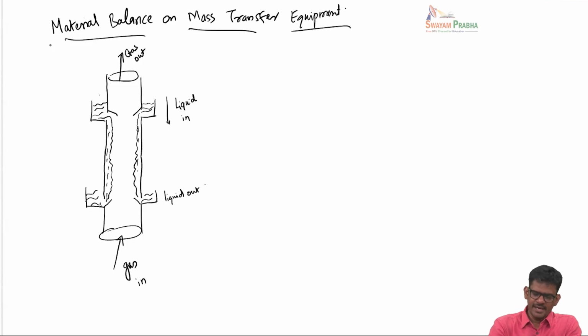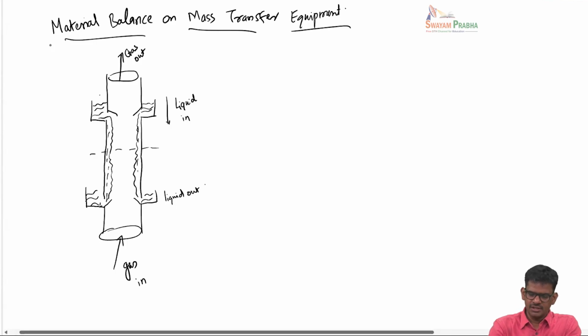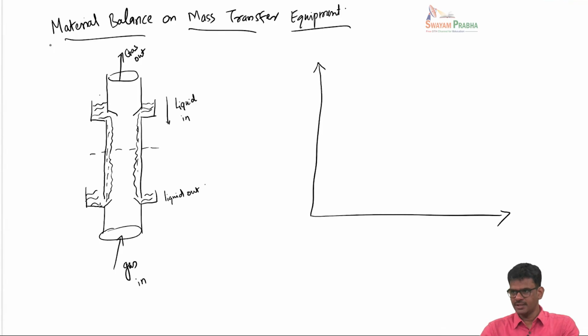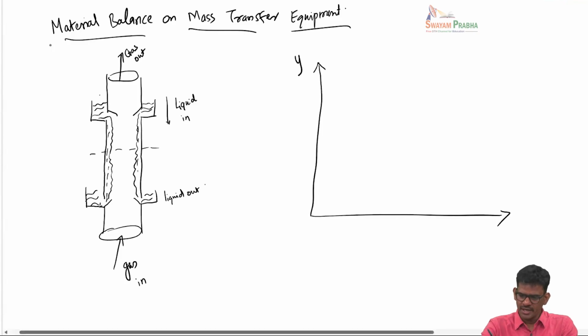If I look at any particular location in this equipment, we talked about the concentrations, equilibrium line, and driving force line, etc. Suppose Y is the composition of the solute in the gas phase and X in the liquid phase, there is an equilibrium line.